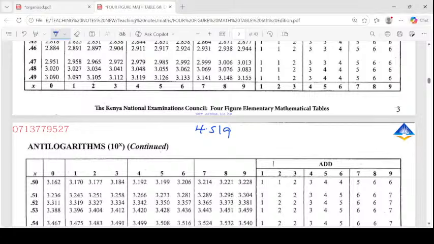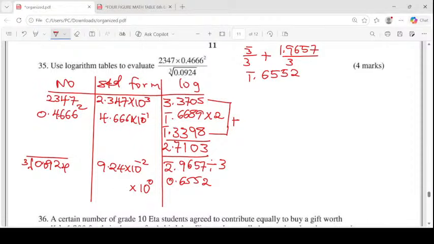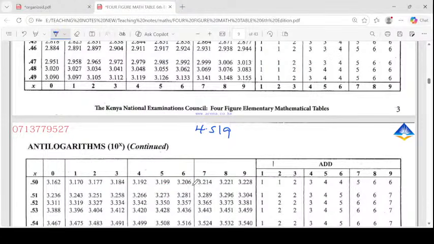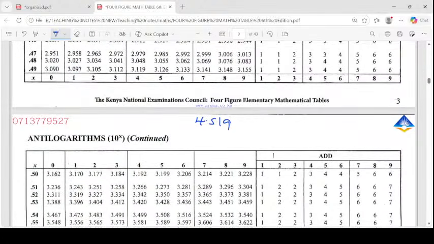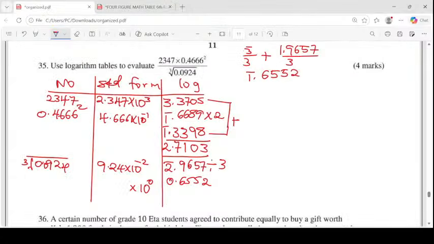It was 0.655, then 2. 2 is here. In that column we add the 2. When you add the 2, it is 4.521. When you multiply by 10 power 0, this will just be 4.521 as your answer.